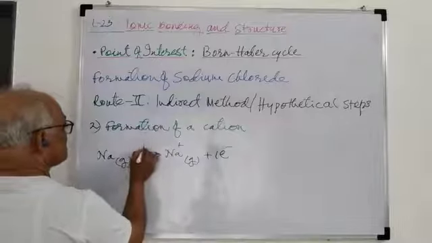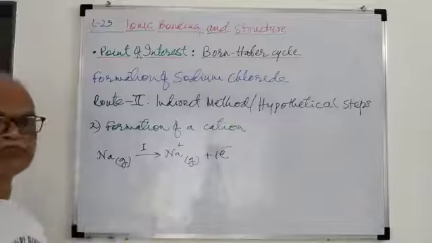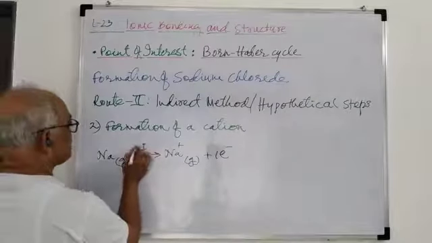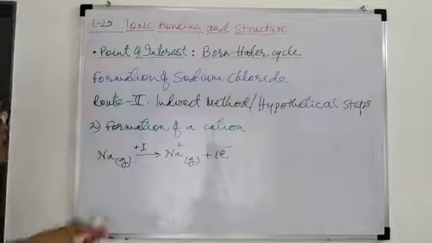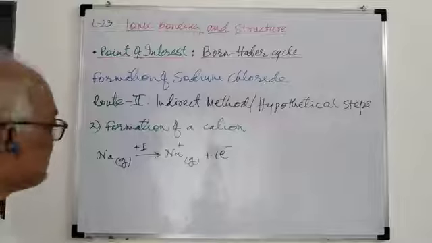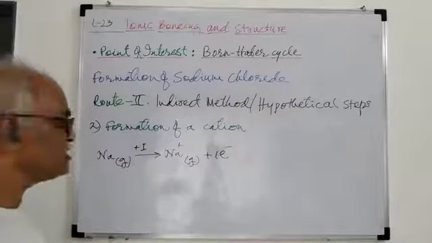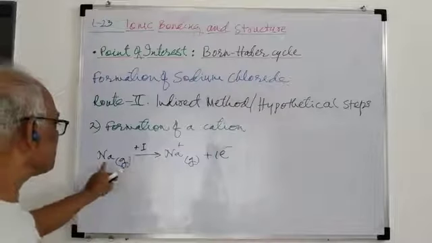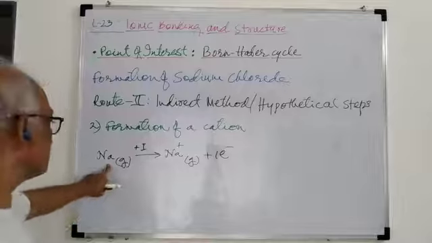Ionization energy is shown in terms of I, and here I has a positive sign because the energy is added to the system. So here the sign is plus. This energy term shows that energy is added to the system in order to produce cation from gaseous sodium atom.